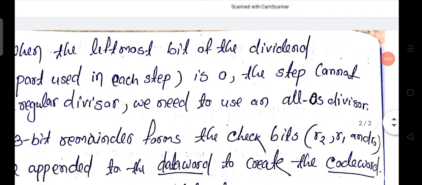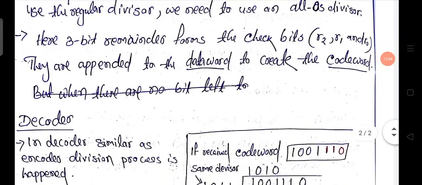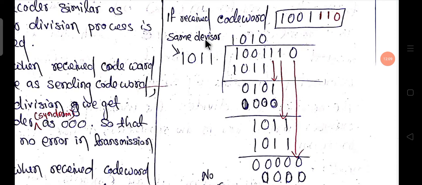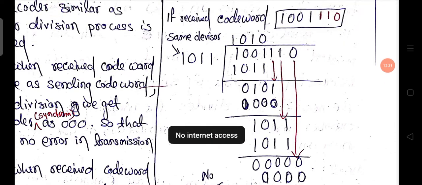Now let us see what happens at the receiver end. If the received code word is 1 0 0 1 1 1 0, that means it is similar to what the sender sent, so there is no error. But how does the detection concept know there is no error?